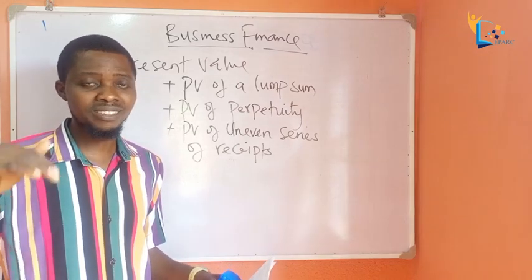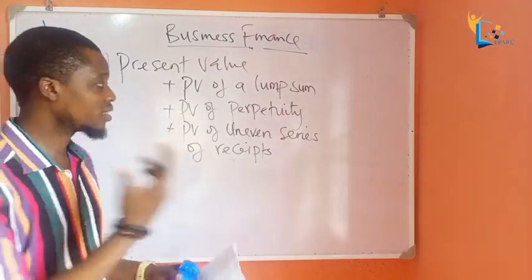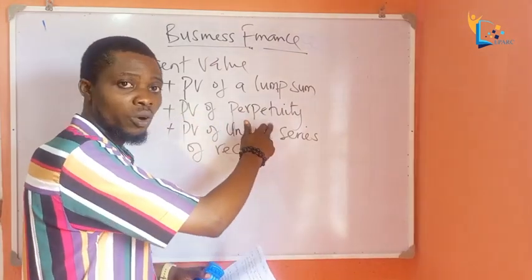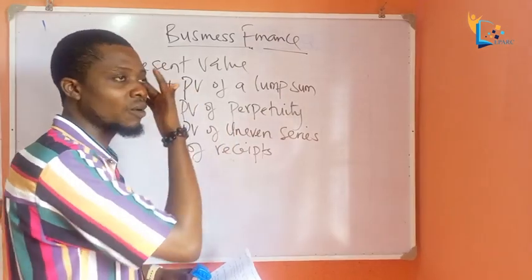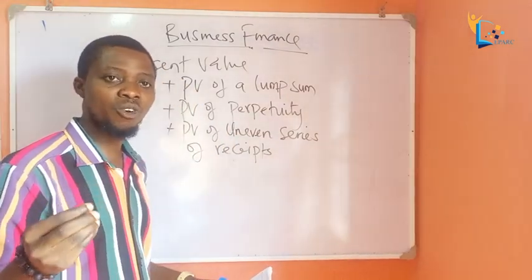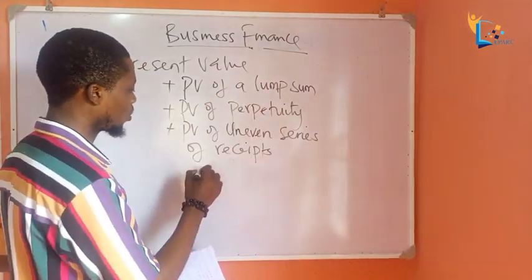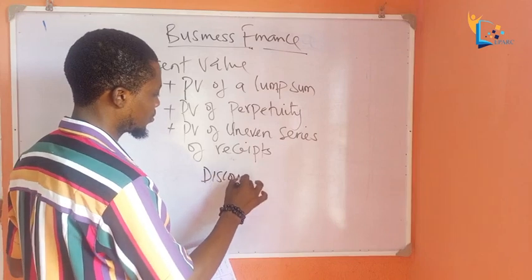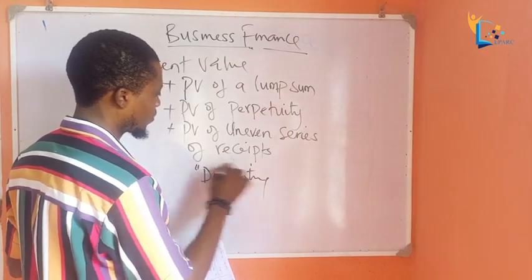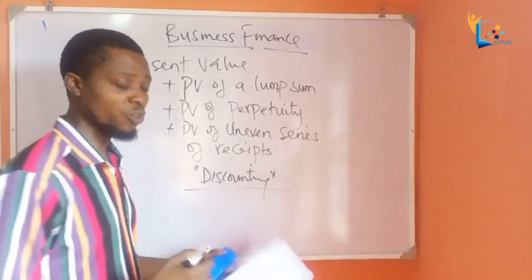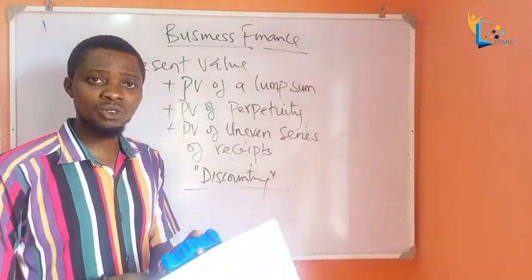So when an annuity is expected to occur indefinitely, it's called present value of what? Perpetuity. Now, the process of determining the present value of a fixed amount is what we call discounting.